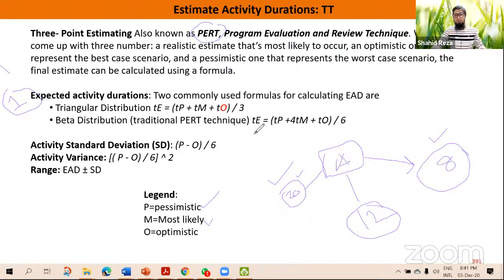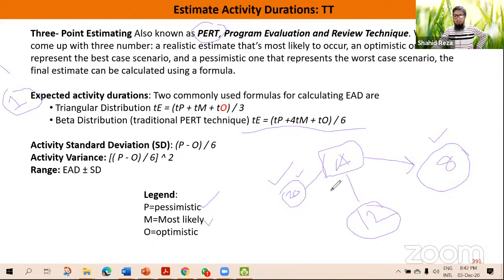So the formula to estimate an activity using this PERT formula is this. Duration of that activity, estimate T means time: pessimistic value plus 4 times most likely plus the optimistic duration, divided by 6.